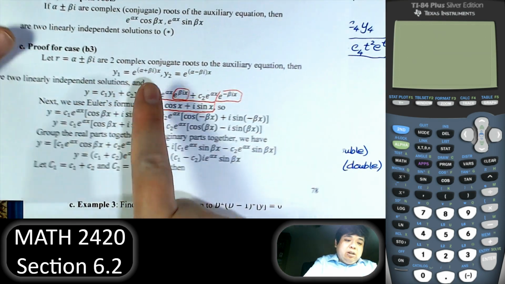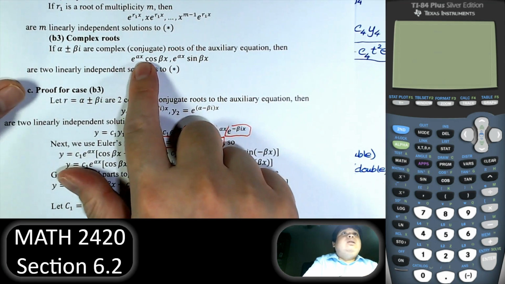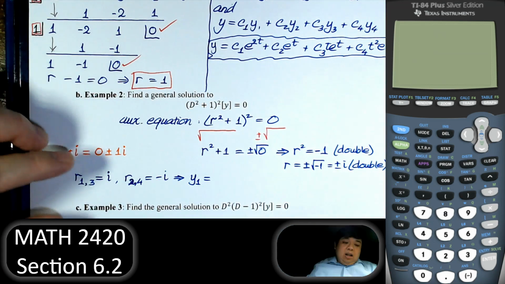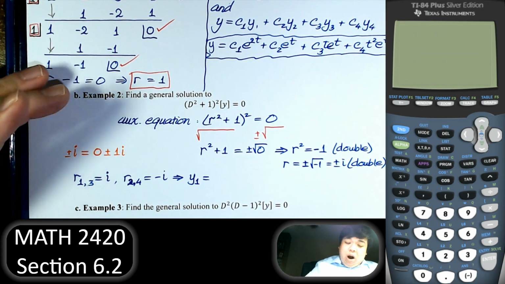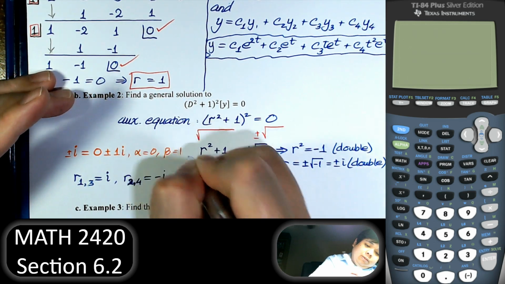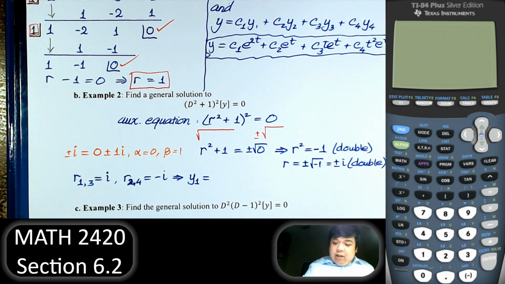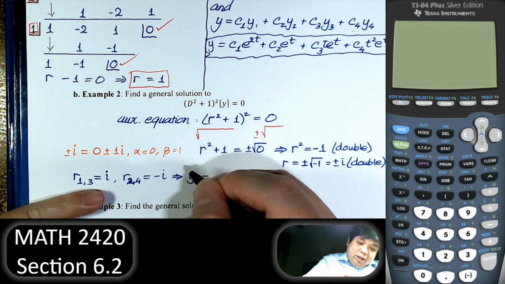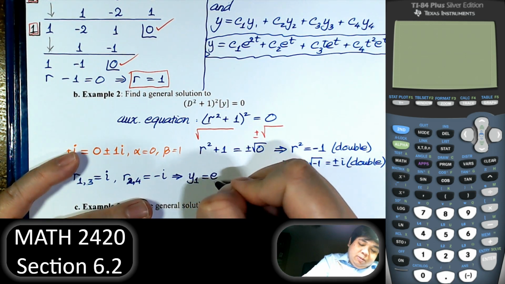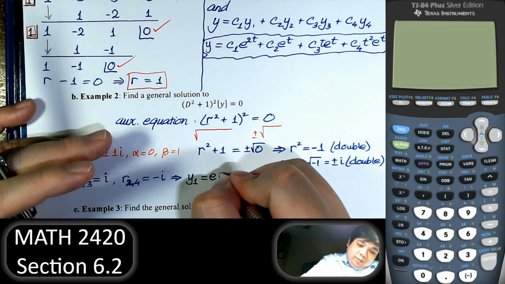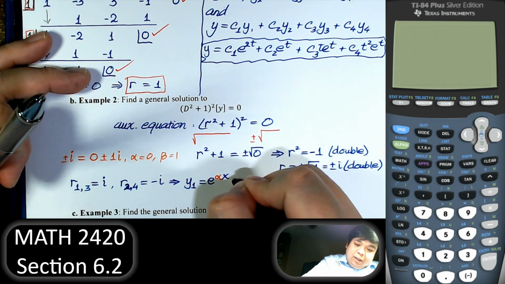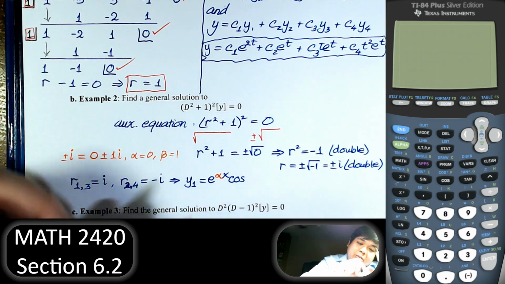e to the alpha x and then cosine beta x. So in this case, beta is equal to 1 and alpha is equal to 0. So the solution y1 is going to be e to the alpha x cosine beta x.